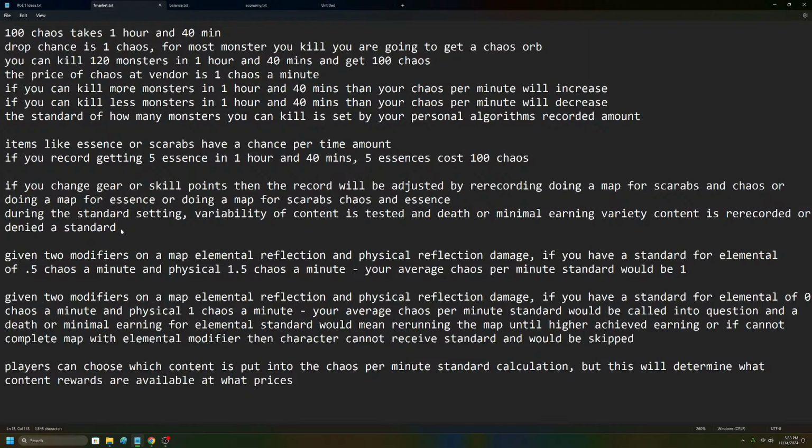If you figure that you're going to do less automation of Delve, and that you're going to do Delve because it's the content that your character is designed for, doing Delve automatically isn't something that you're interested in, but you are interested in being able to sell those resonators.